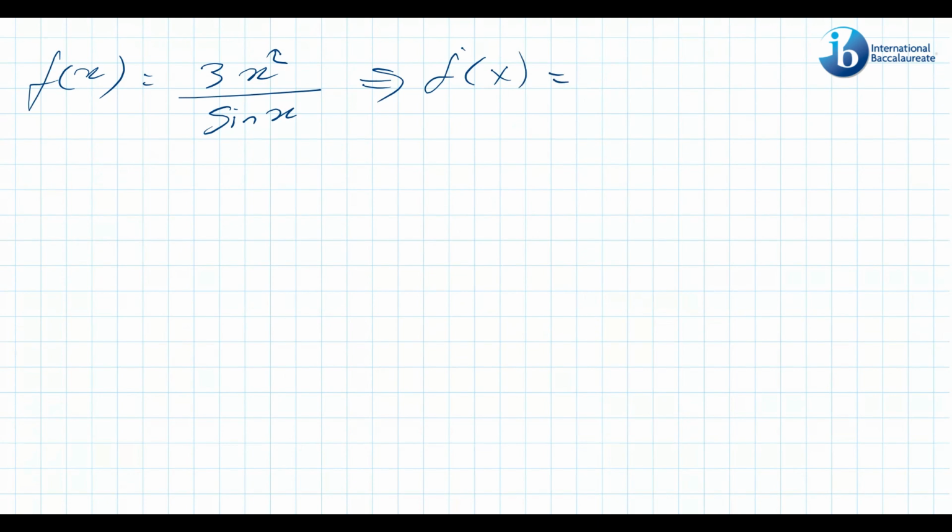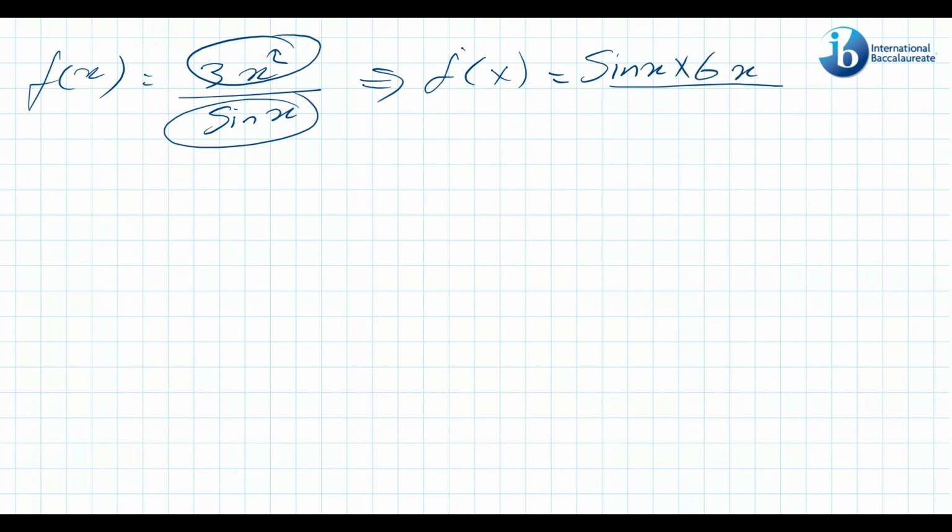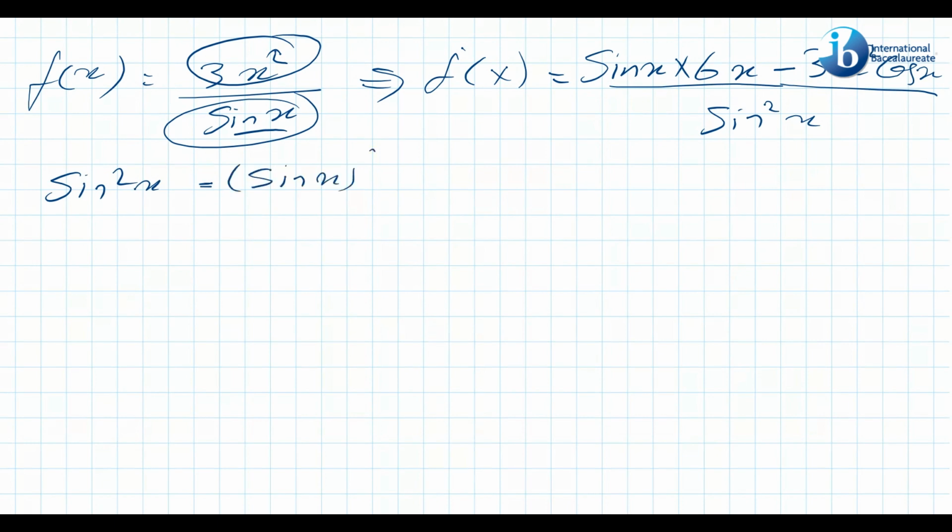As we said before, the denominator times the derivative of the numerator, which is 6x, minus the numerator times the derivative of the denominator, divided by sine x squared, which is sine squared x or sine x all squared. Both are similar. You can write sine squared x equals sine x all squared. Got it?